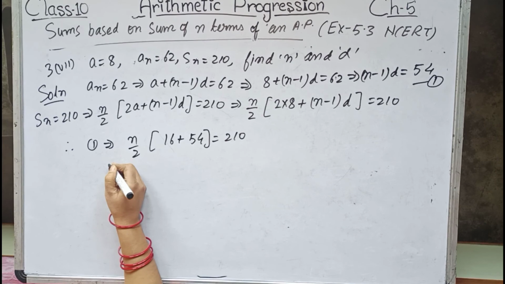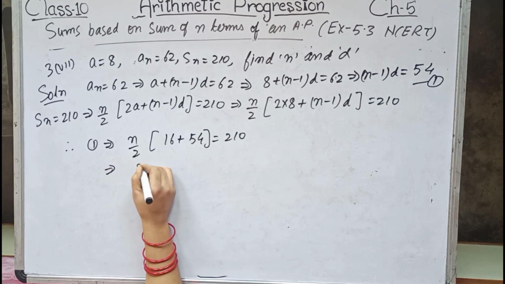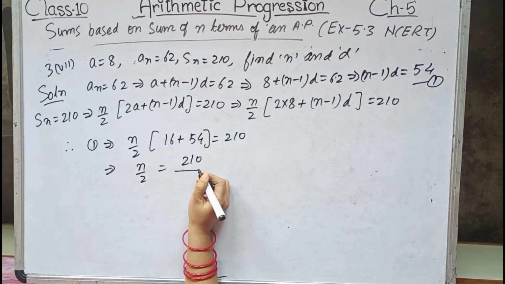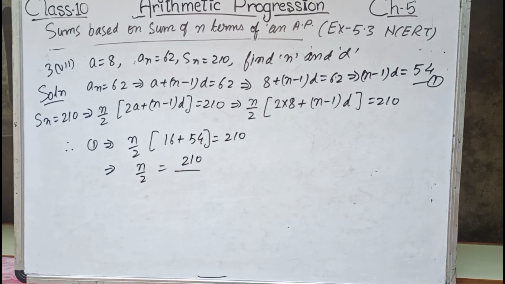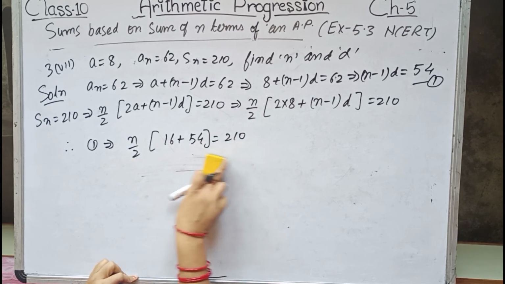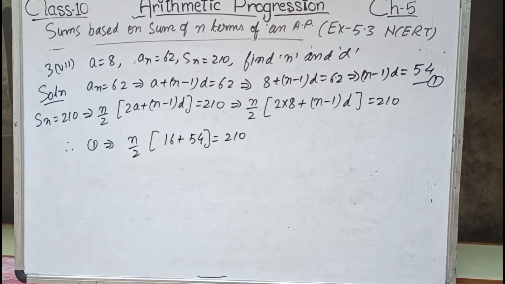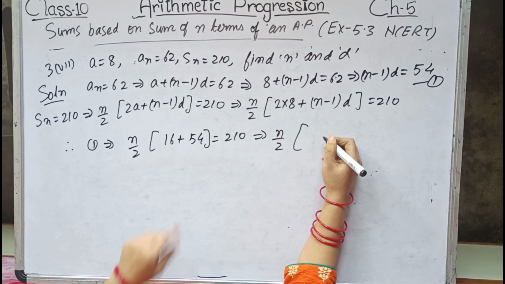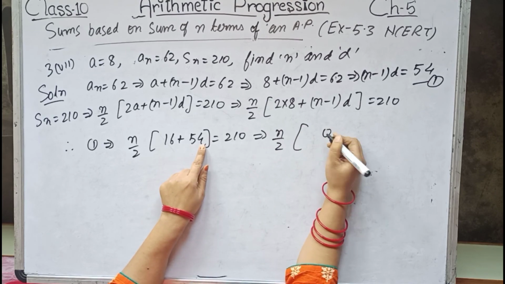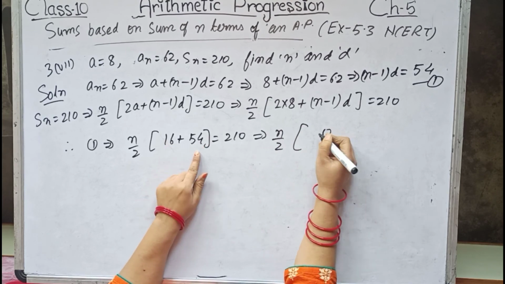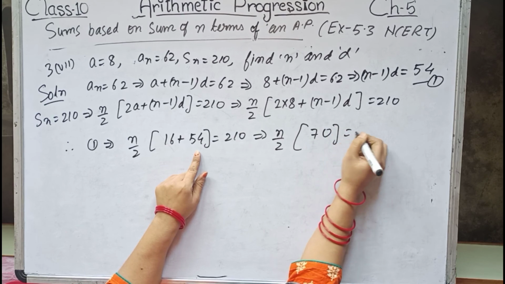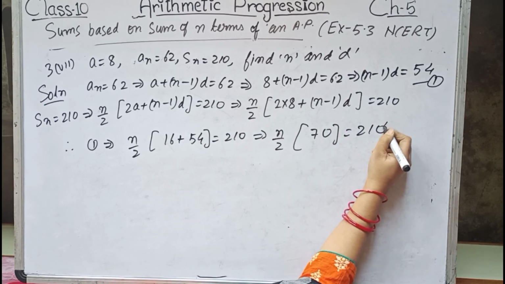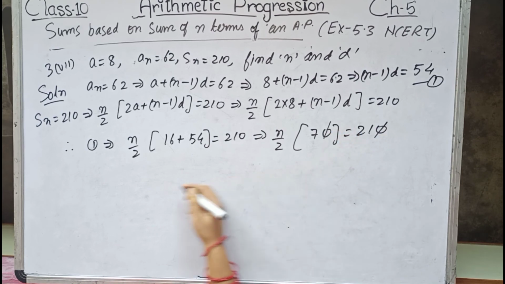Now this implies n by 2 into 70 equals 210. First let us cancel here itself. This 0 and 0 will be cancelled.